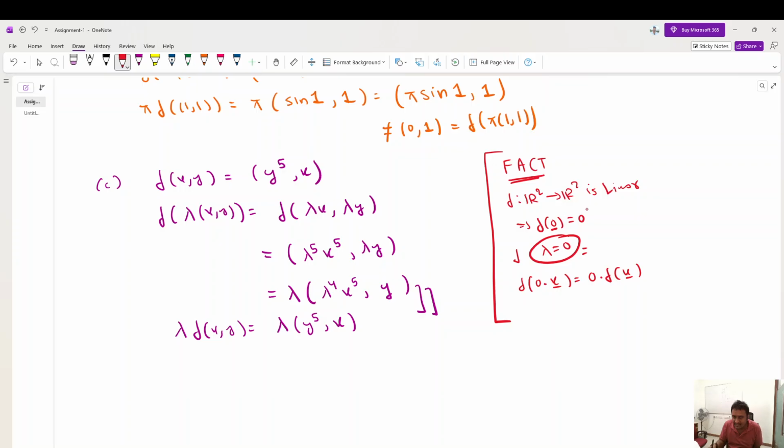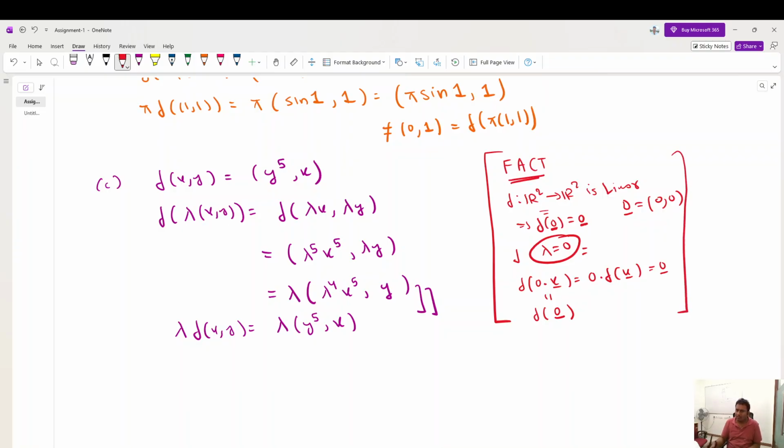So here 0 means the zero vector (0, 0). If f is linear, this will happen: 0 into anything is 0, so f of 0 vector is 0 into f of any vector, the same property we are using because of linearity.